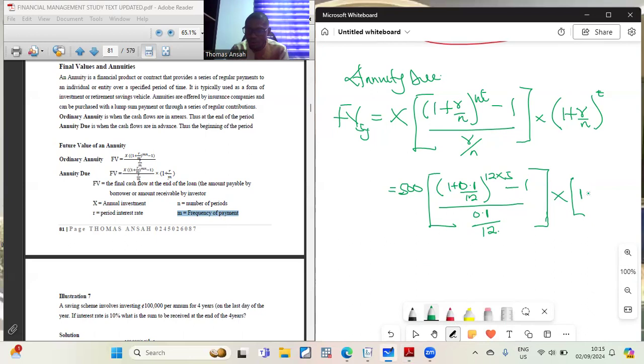So I'll have 1.01 compounding 12 times in that period, and my T is just 1. So basically, that is how you go by it. The rest is the formula that you work out.